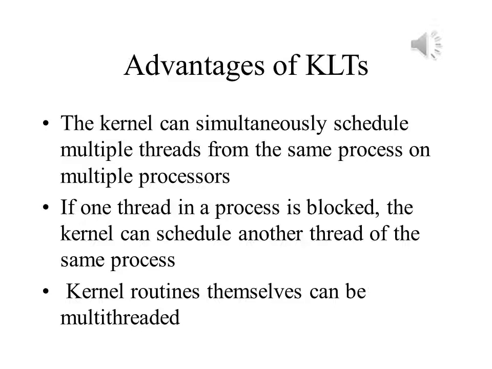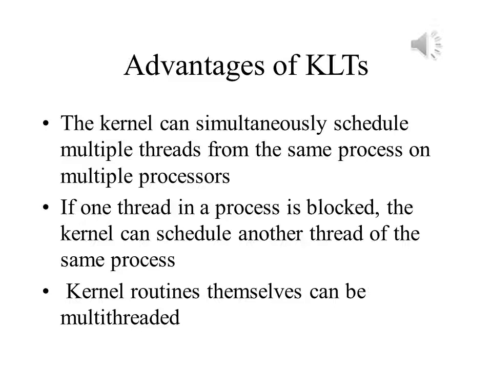This approach overcomes the two principal drawbacks of the ULT approach. First, the kernel can simultaneously schedule multiple threads from the same process on multiple processors. Secondly, if one thread in a process is blocked, the kernel can schedule another thread of the same process.